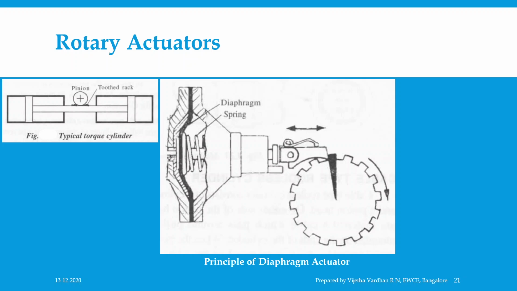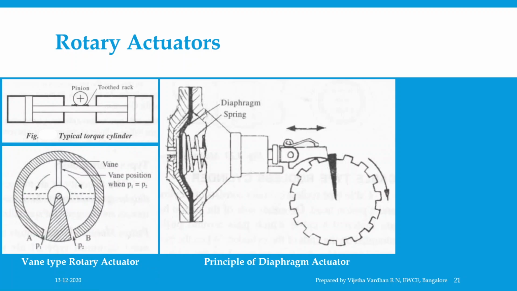One more type that we are going to discuss is the vane type of rotary actuator. A vane actuator consists of a single vane mounted on a rotor connected to a shaft. This is a positive displacement actuator which develops an output torque at its shaft by allowing high pressure air through the ports provided in the casing.